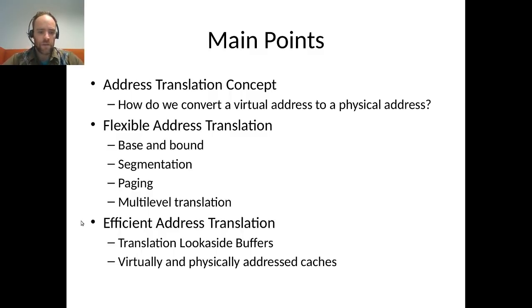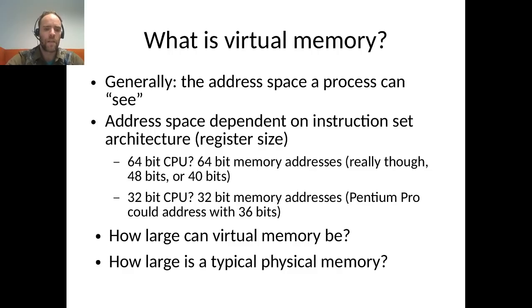The book also goes into some more advanced topics that we won't specifically cover in this lecture. We will cover translation look-aside buffers partially, but the second point, virtually and physically addressed caches, we won't really get into that too much. That's left as an exercise to the reader. You can have a look at that.